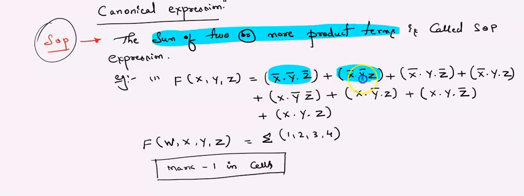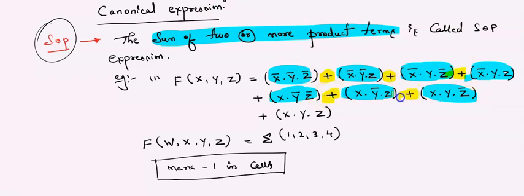Here, for these one or more products, we are adding, that is sum. So the sum of two or more product terms is called SOP.